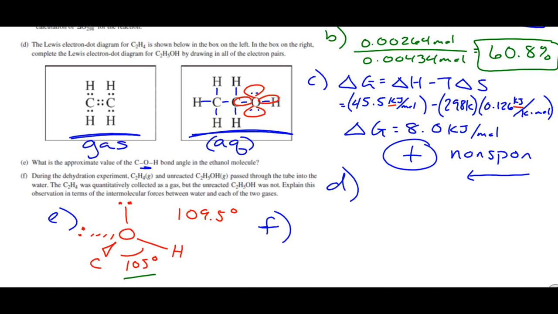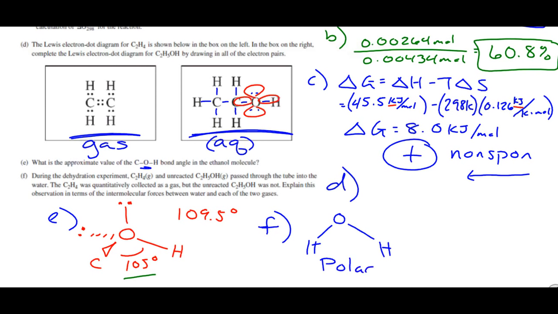Explain this observation in terms of intermolecular forces between water and each of the gases. Okay, so we know that water is extremely polar. It has the ability to make a hydrogen bond with other compounds, or at least a strong dipole-dipole attraction. So because water is polar, molecules and compounds that dissolve in it are usually polar.